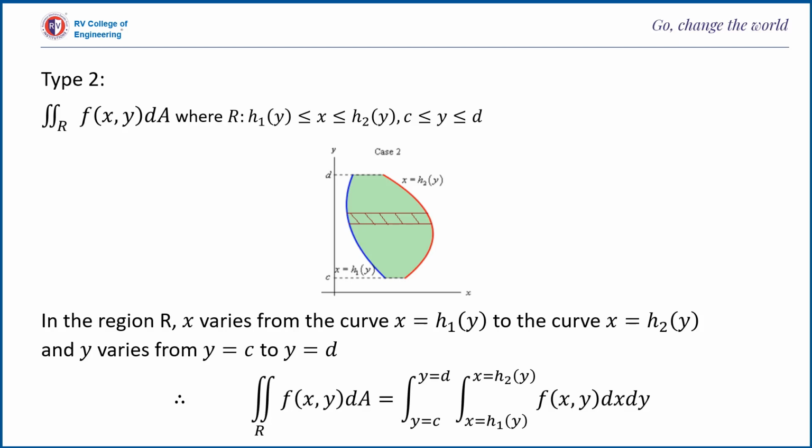So here the order of integration is: first, integrate with respect to x, treating y as constant between the limits h1 of y and h2 of y, and the resulting function of y is then integrated with respect to y between the limits y equal to c and y equal to d. So this is how we evaluate a double integral over the general region.